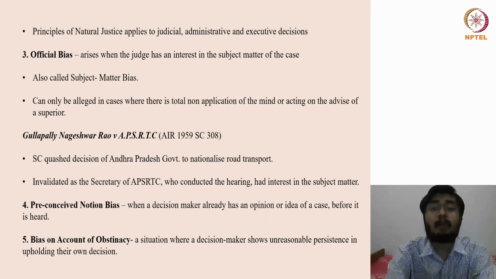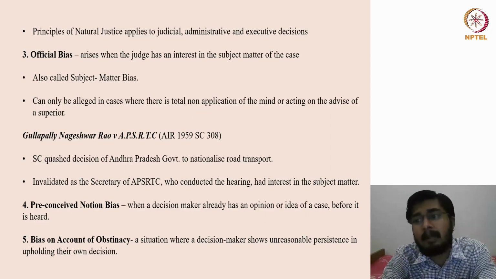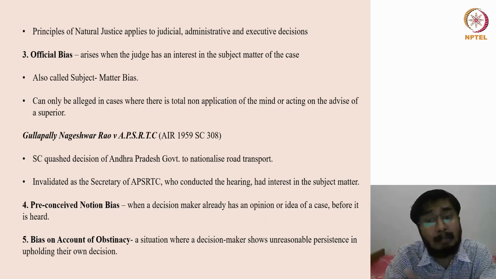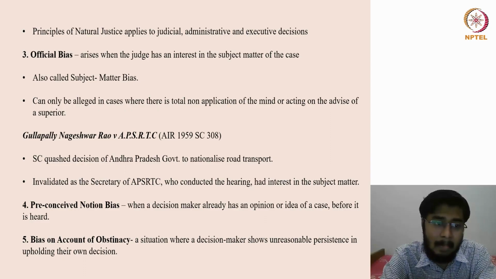So, this is something where I have an interest in the subject matter of the case. So, there is a bias that is related here. And this can be alleged in cases where there is total non-application of the mind or acting on the advice of a superior. Now, if a judge is acting on the aid and advice of some senior member, it is also known as an official bias.